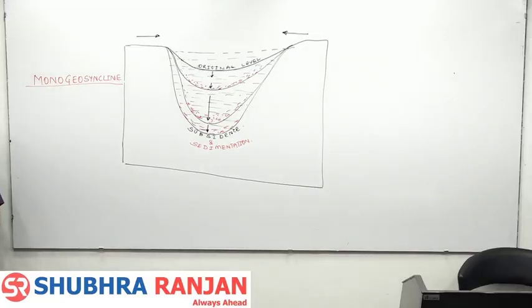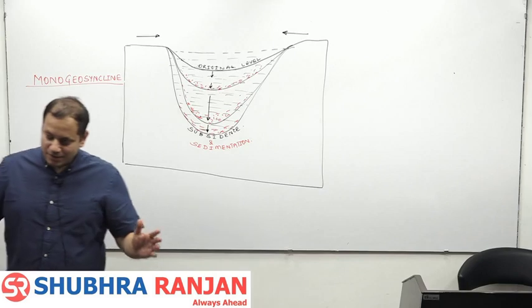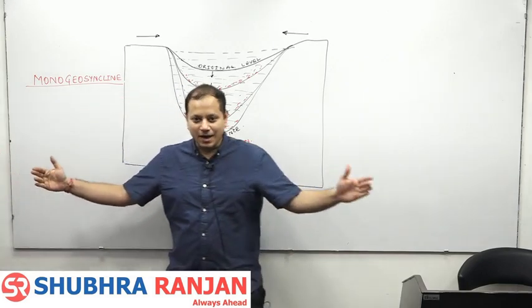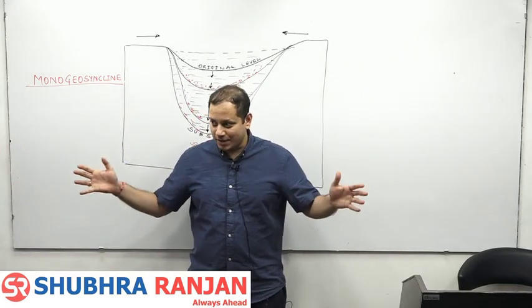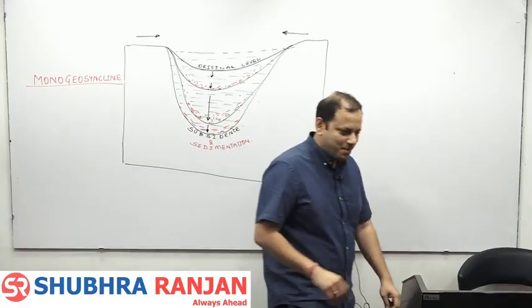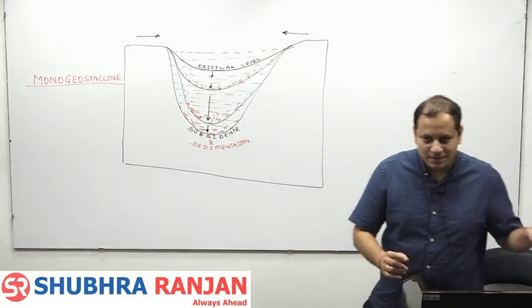Your doubt yesterday, whether we can consider Ganga as a geosyncline? If we consider it, it would have been a mono geosyncline because it is located only within India. Fine. Not Tethys Sea. Why? Because Tethys Sea was between Gondwana land and Angara land. It was between two different continents. Fine. Do we have an example of this? Yes.